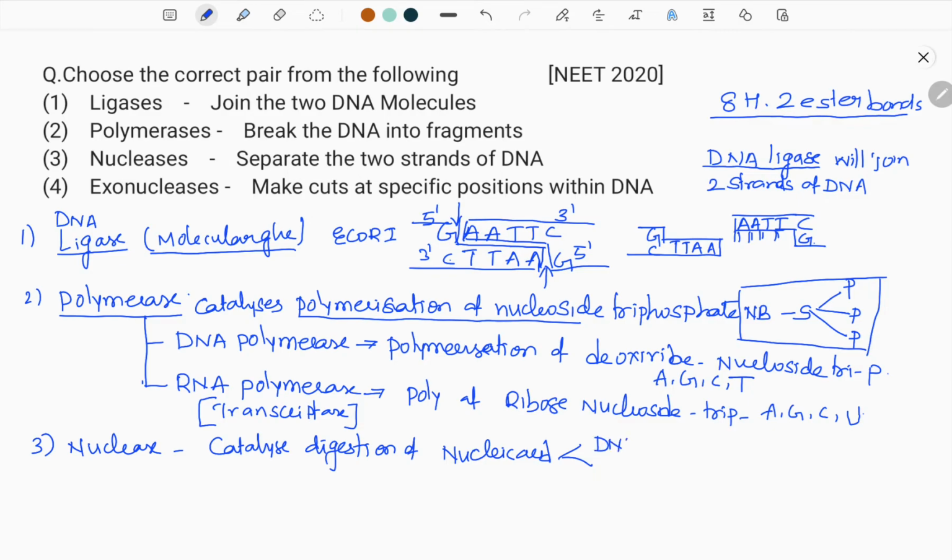For DNA we call it deoxyribonuclease. For RNA we call it ribonuclease. So again, these nucleases are of two types, exonucleases and endonucleases.